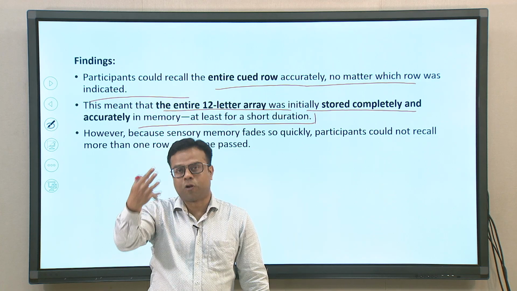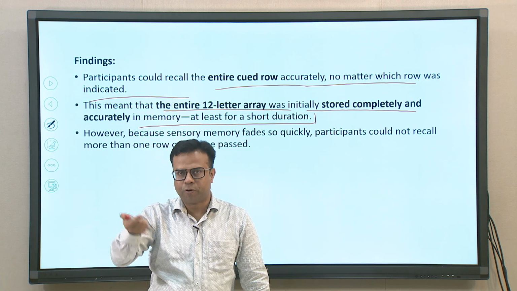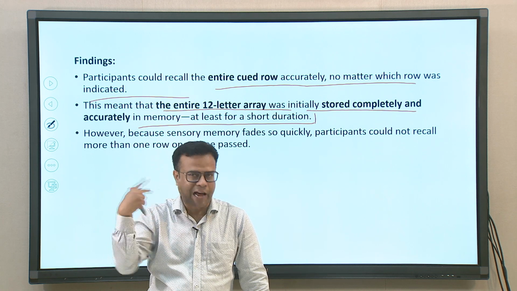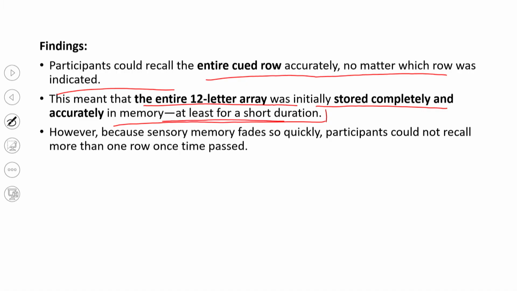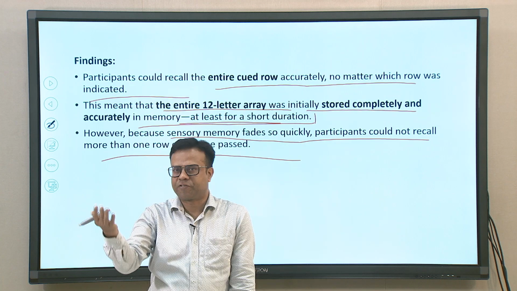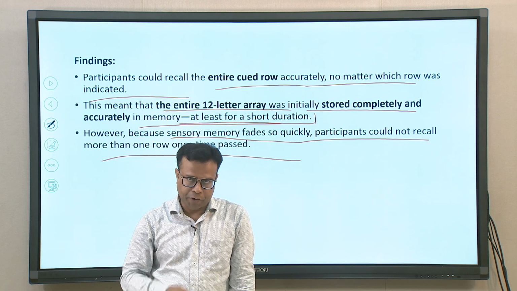Since they could report 3-4 letters within the sensory memory time limit, they could report it accurately, at least for a short duration. Since sensory memory fades so quickly, participants could not recall more than 1 row once time passed, because the other information fades away very quickly.